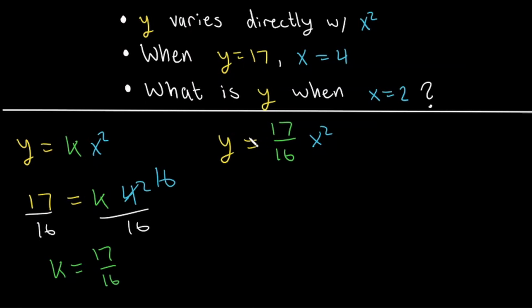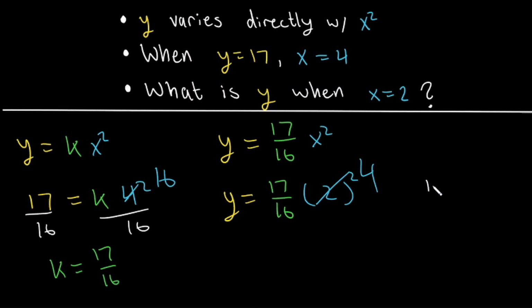So now that we have our equation for y, let's plug in our x value and solve. Y is going to be equal to 17 over 16 times 2 squared. 2 squared is 4. So 17 over 16 times 4.